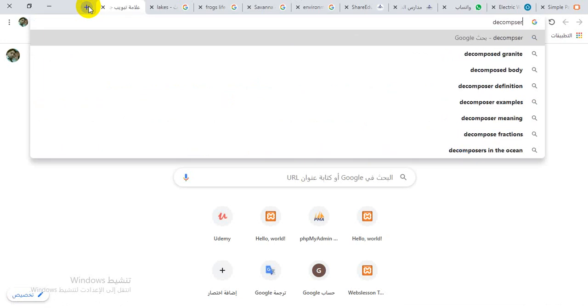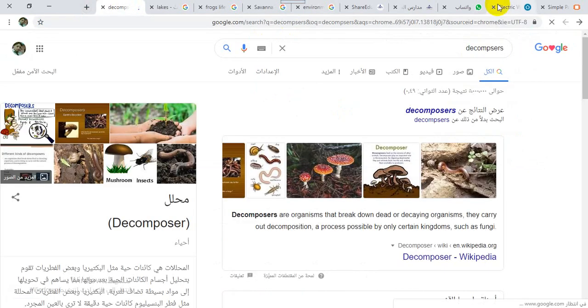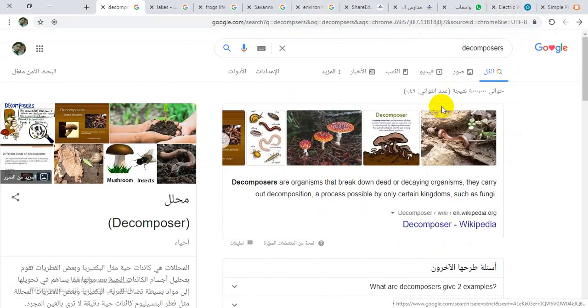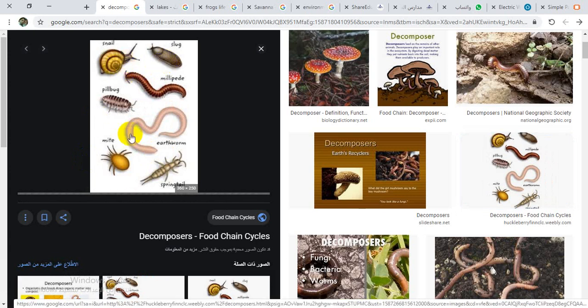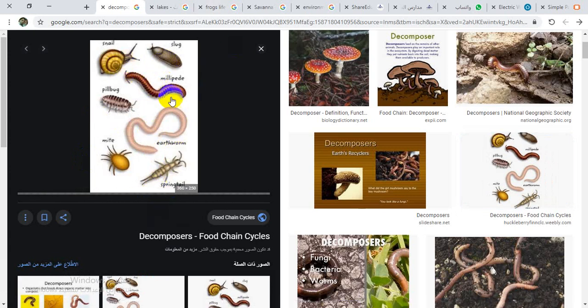Decomposers. Let's see here, decomposers. Okay, so these are the decomposers images. Yes, like fungi, bacteria, worms, all of these are examples of what? Of decomposers, because they break down other living things, and depend on them to absorb the nutrients from them, or from the dead bodies of living things.